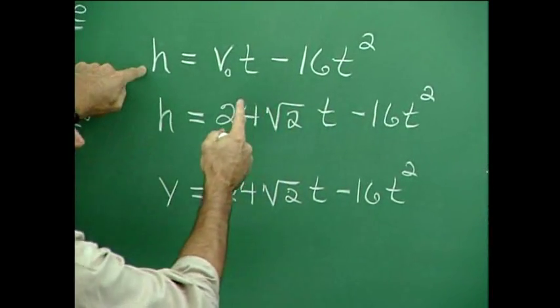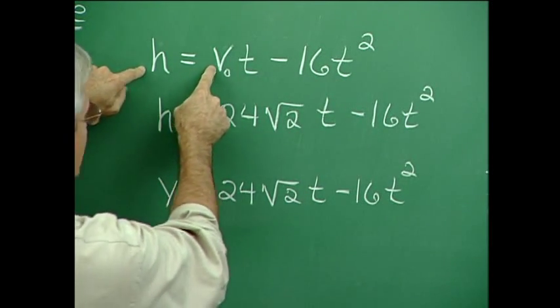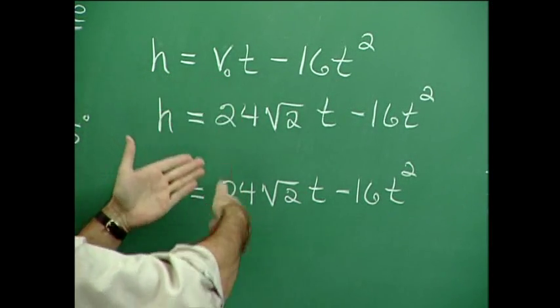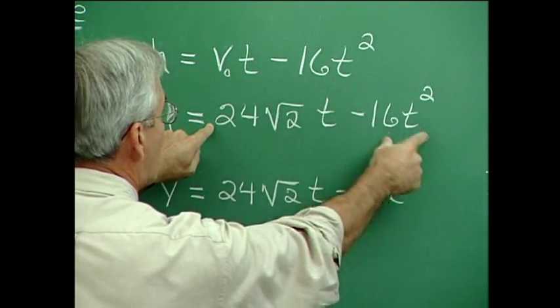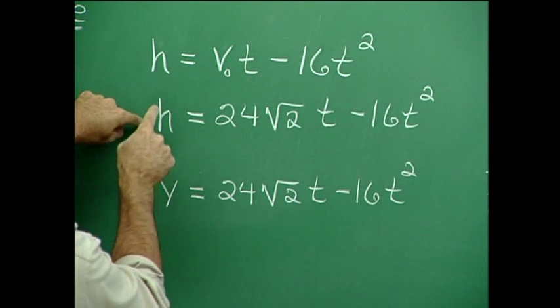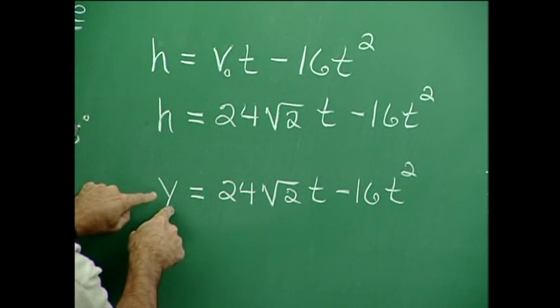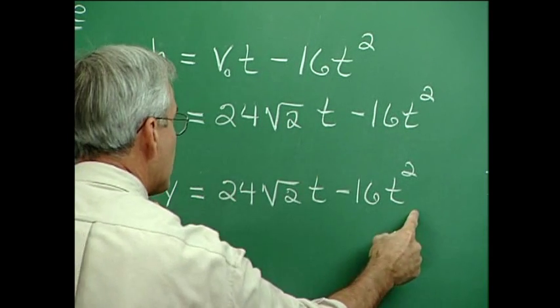And by the way, this is derived from one of Newton's laws. So initial velocity, well, that initial velocity is this vertical rate that we talked about. That's 24 root 2. And now just bring down the other elements. Now since we're talking about a height here, a vertical distance, that's just a y idea. So vertical distance is this expression.